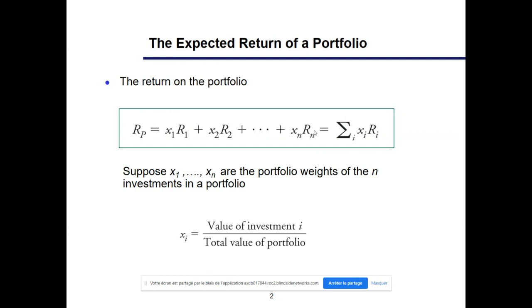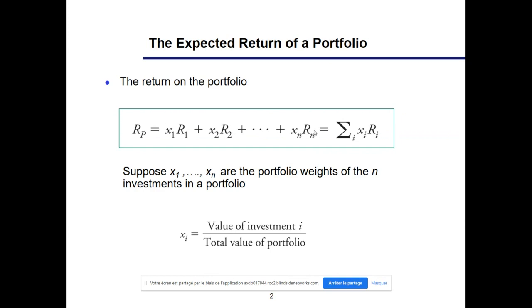Let's assume that you have different stocks. Right now, let's focus on a portfolio of stocks, and then each stock, for example, stock one provides you a return one, and stock two provides you the return two, and so on and so forth until the stock n, you get the return of n.